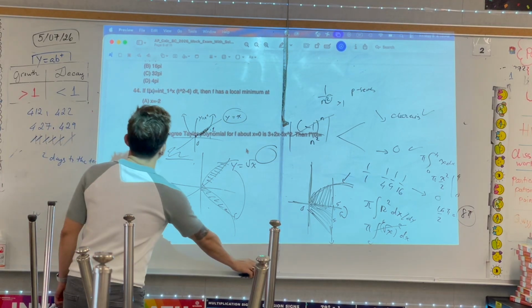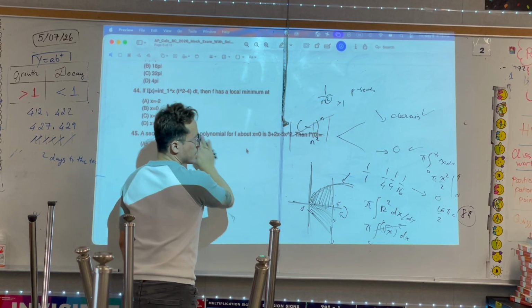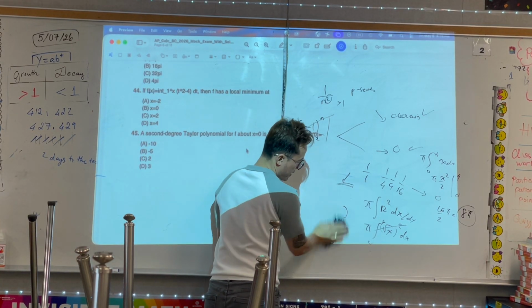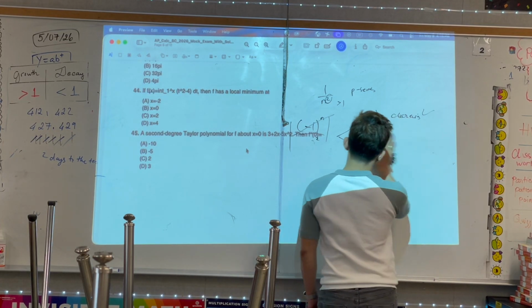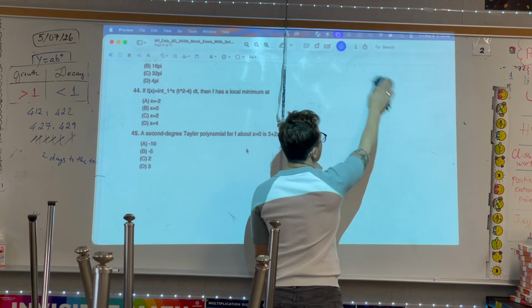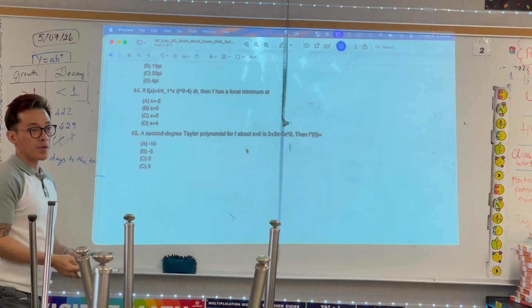For area between the curves, you can just use the calculator too. Remember we taught the calculator method? It's just graphing and finding the intersection for you.